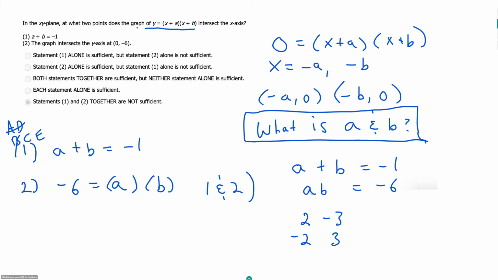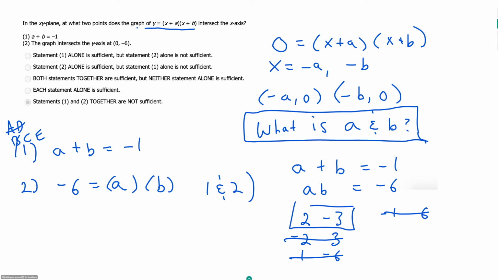And then there's also 1 times negative 6, and then you also have negative 1 times positive 6. Which one of these sums to negative 1? This does not. This certainly does not. This is positive 1, so that does not work. And so we're just left with these two values.